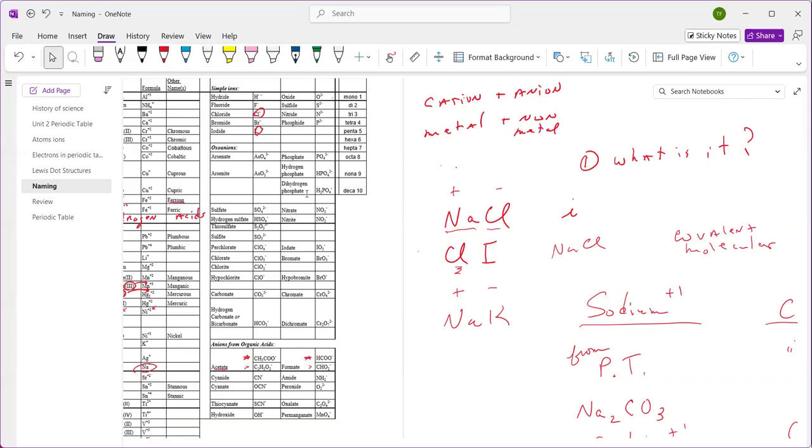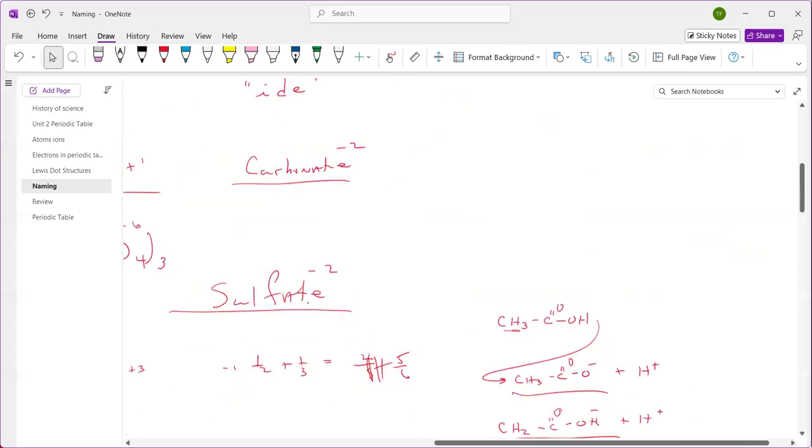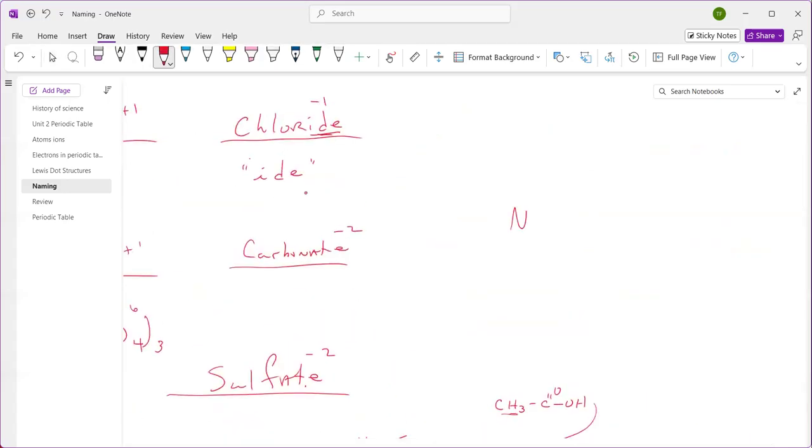All right, what are we looking at here? Are there any questions about this? Yeah, for N2O4, would it be disulfide tetroxide? Say it again.